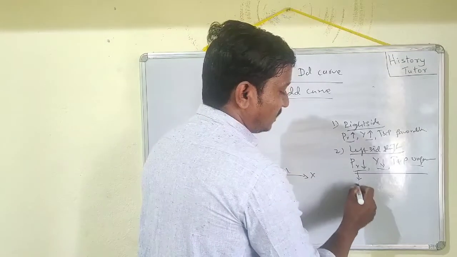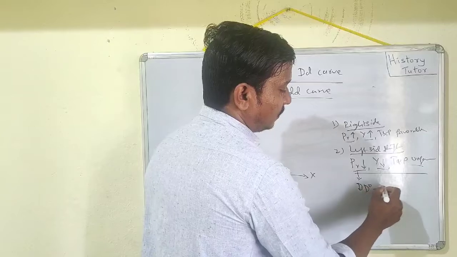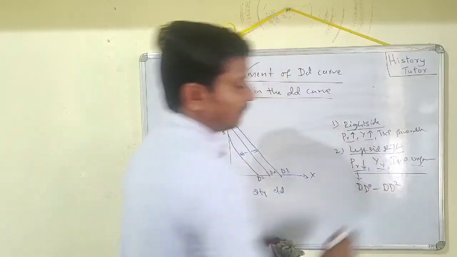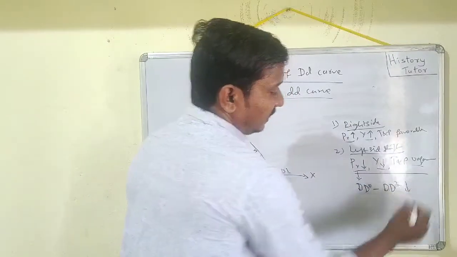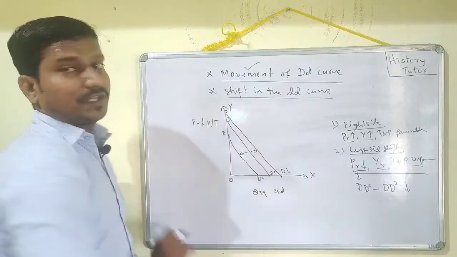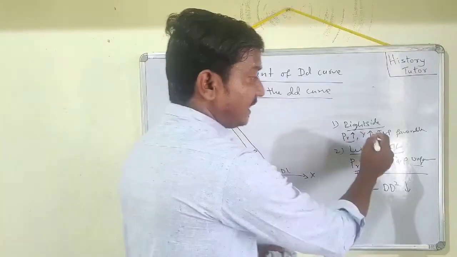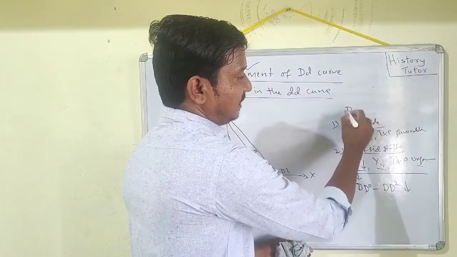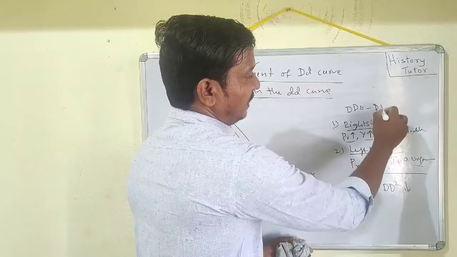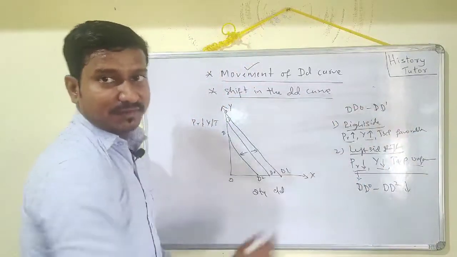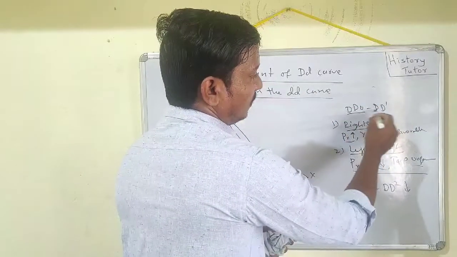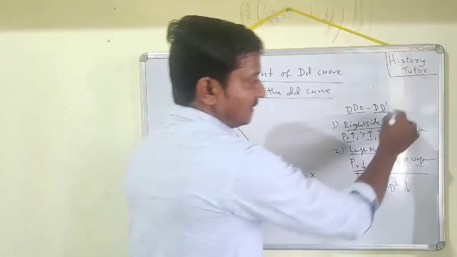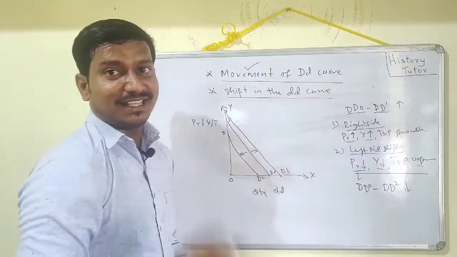So that is how it shifts here, DD0 to DD2. So this is how a decrease in demand makes the demand curve shift left side. In case of right side shift, as DD0 to DD1, the demand curve shifts right side, and that means an increase in the demand.